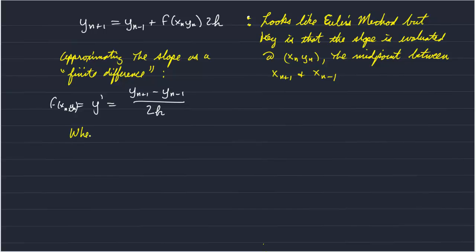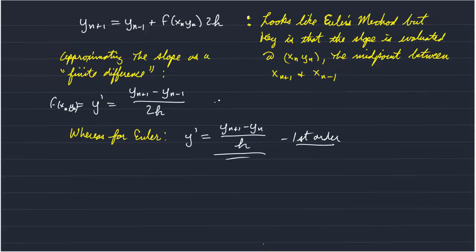Whereas for Euler, the analogous equation, the finite difference approximation to the slope, would be the difference between y at point n+1 minus y at n divided by h. Okay, so this was again first order, and this is second order.